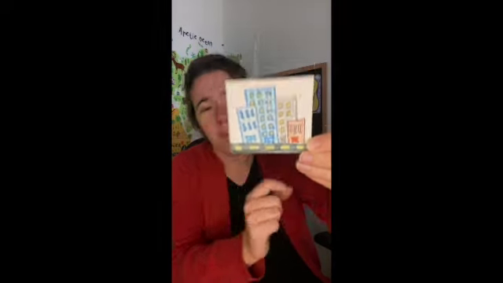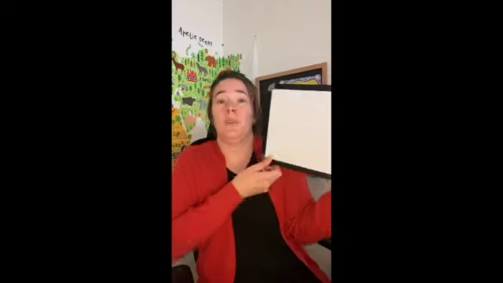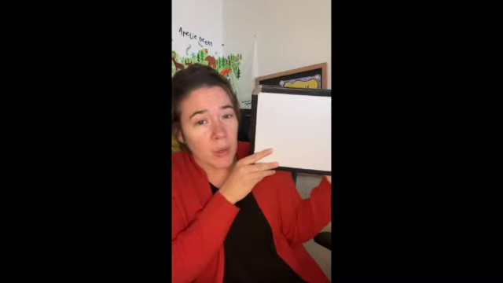So apartment is a really important word, as well as street. Sidewalk is an important word that they will learn. They will also learn corner. So I usually use my whiteboard, and sometimes as we're in the unit, I'll draw a little neighborhood.